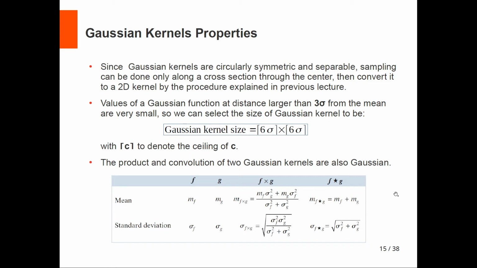If we do convolution of the two functions, again we get a Gaussian function that has this mean and this standard deviation. Of course, I'm not going to go into detail of how these values are derived, but you can easily do it yourself.